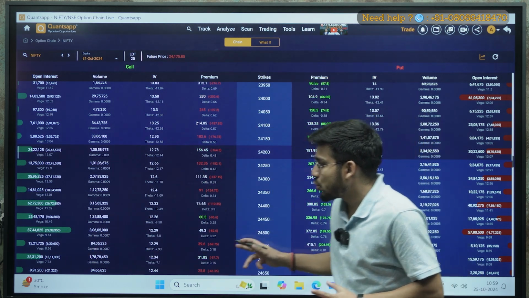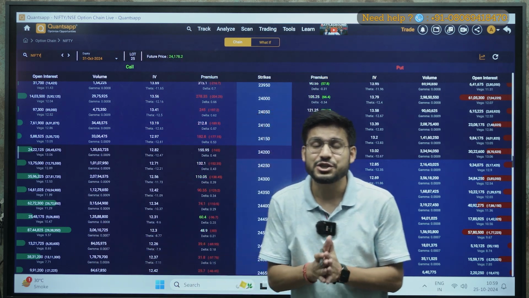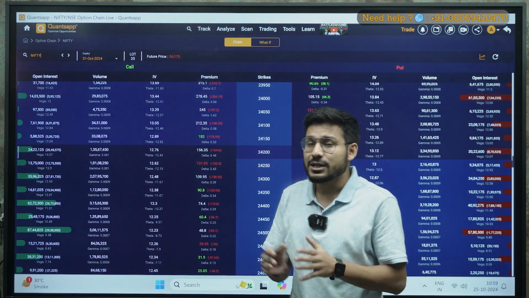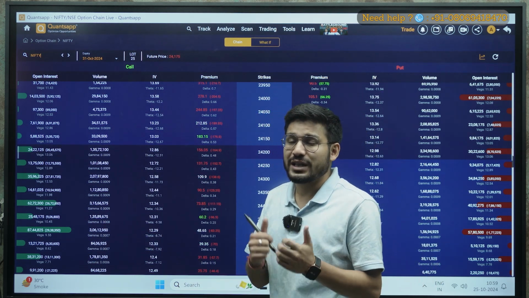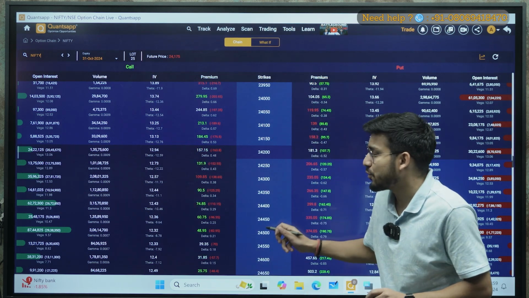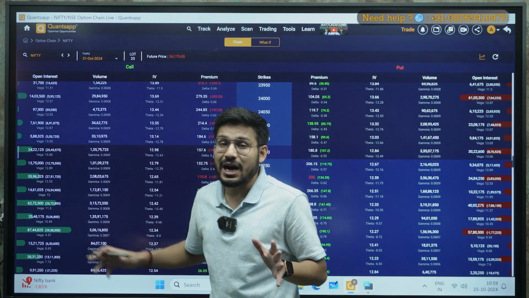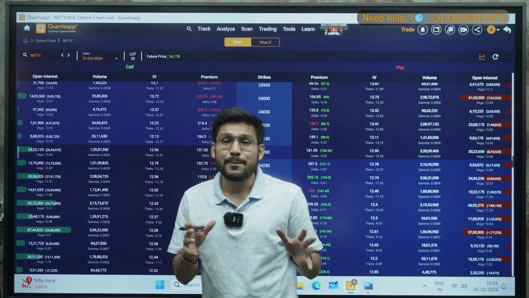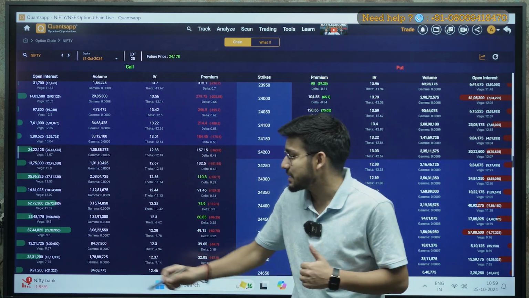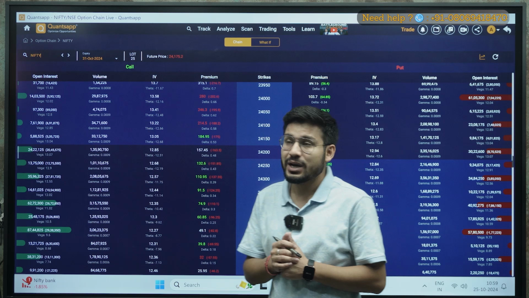So it means 24,500 is a major resistance for the market. So if my Nifty moves in the upward direction, from 24,500 it can face some resistance. Why? Because a maximum number of call sellers are sitting at this position, right?